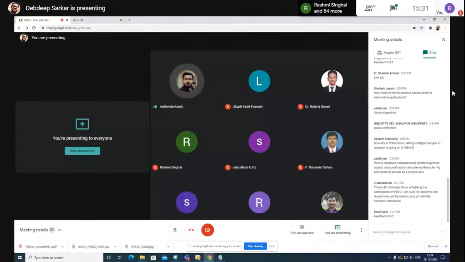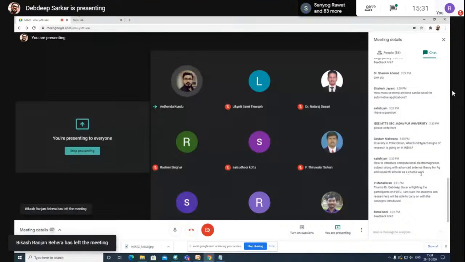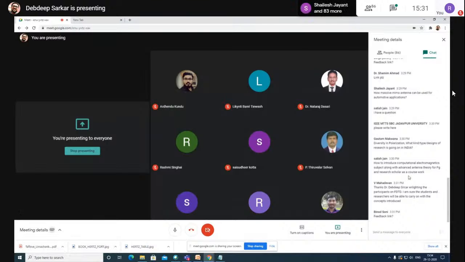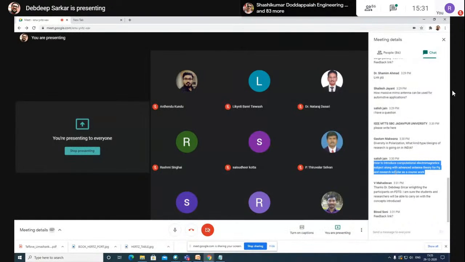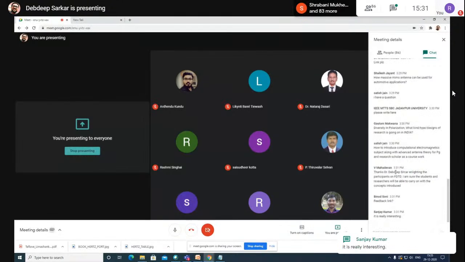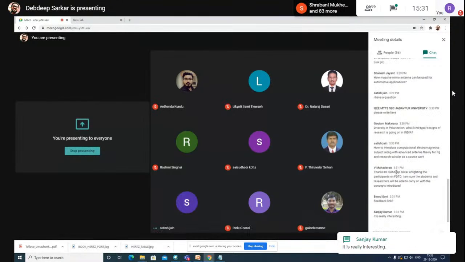Okay, so I'm going through another related question. How to introduce computational electromagnetic subject along with advanced antenna theory for PG and research scholars as a coursework? I think that is in a way precisely the objective of this workshop itself. I am not a very big expert on this domain, but from my little bit of experience using this FDTD routine, I have seen the way computational electromagnetics courses are framed here in ISC.